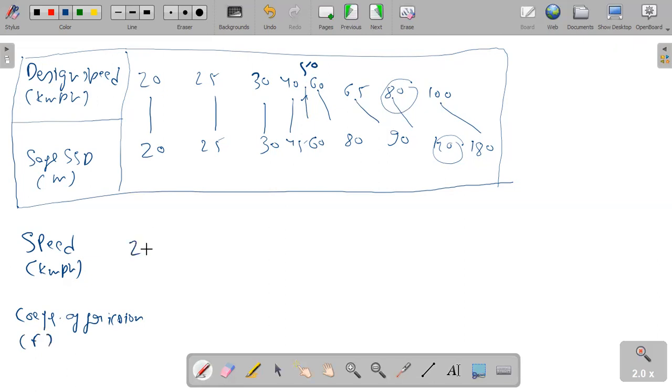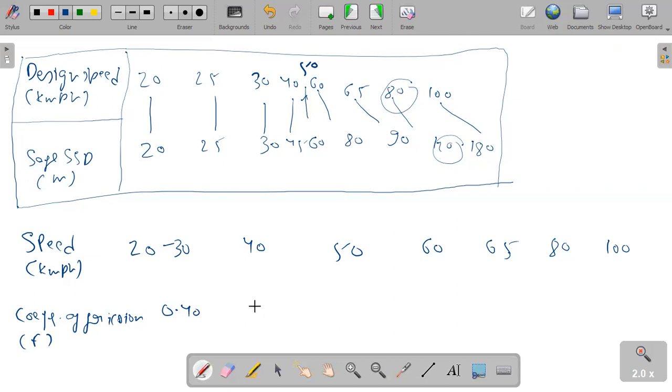If you have speed 20 to 30, 40, 50, 60, 65, 80, or 100, what coefficient of friction do you get? For speed 20 to 30, you'll get coefficient of friction 0.40.